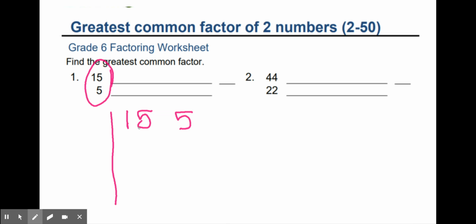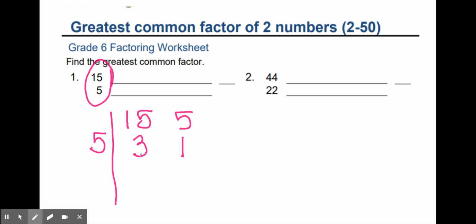So I want to know what number is in 15 and 5. Well, since they both have 5, that means 5 has to go into them. So I'm going to put a 5 out here on the left-hand side, and then I'm going to divide. So 15 divided by 5 is 3, and 5 divided by 5 is 1.